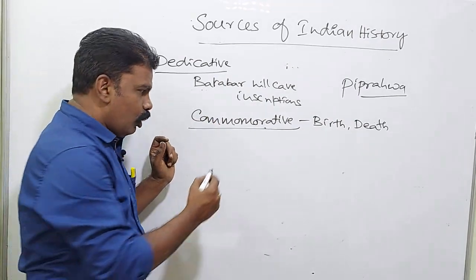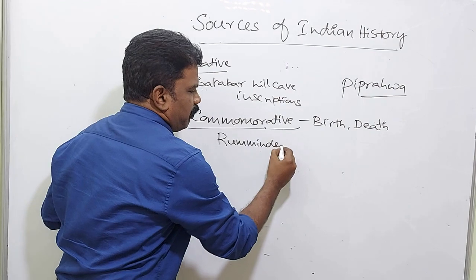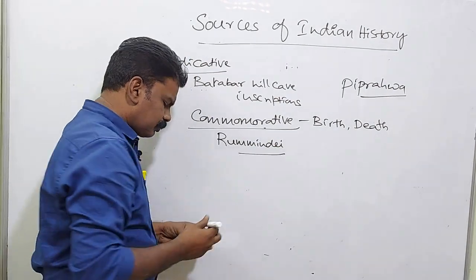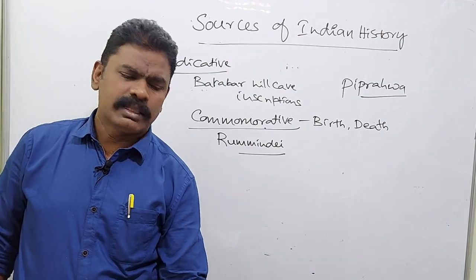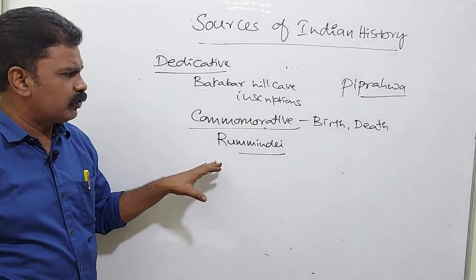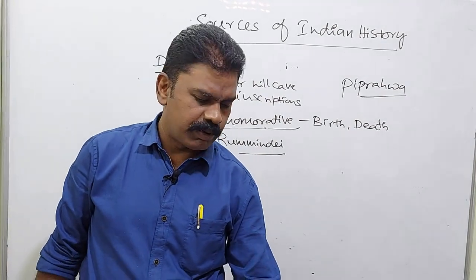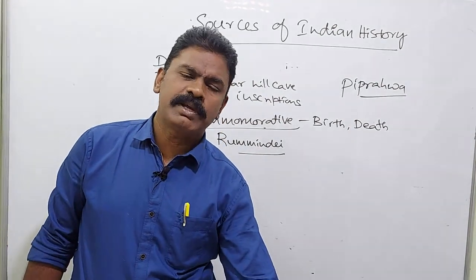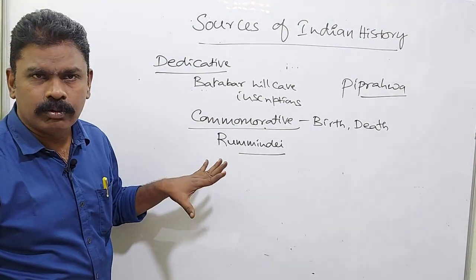For example, the Rummindai inscription, issued by Ashoka in memory of the birth of Lord Buddha. Rummindai is the birthplace of Lord Buddha.